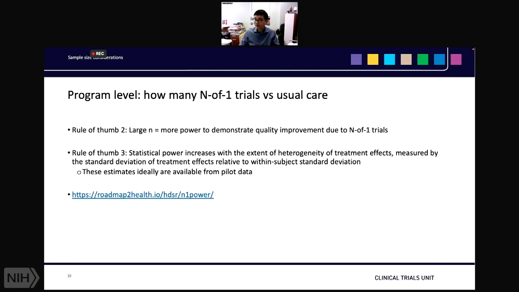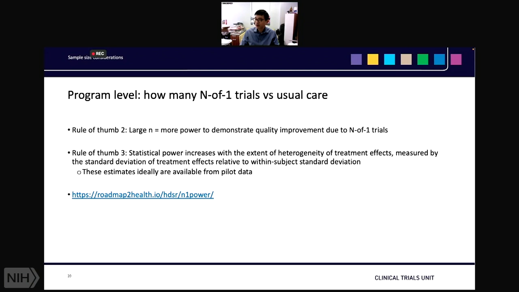Then on the program level, how many patients do we need to randomize to N-of-1 trials? The conventional sense says that the larger the N, the better the power. This is also true in this context. But what is more important is that the statistical power to validate the usefulness of N-of-1 trials is also proportional to the extent of the heterogeneous treatment effect.